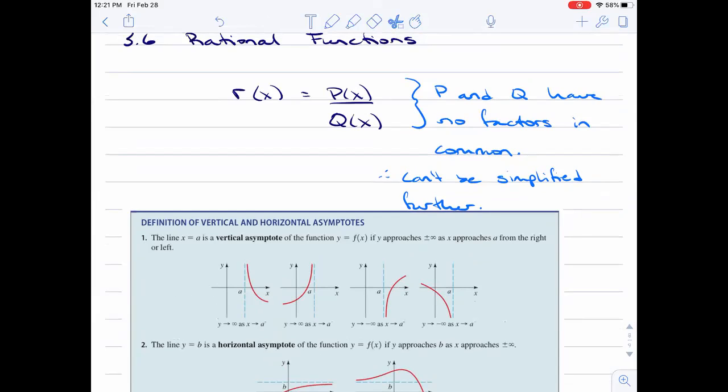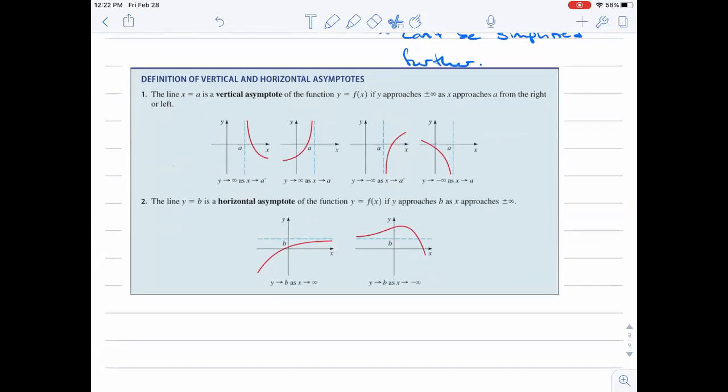If q of x equals 0 at some points of x, this function doesn't exist at those points. And so what you're going to have is these vertical asymptotes at those values of x.